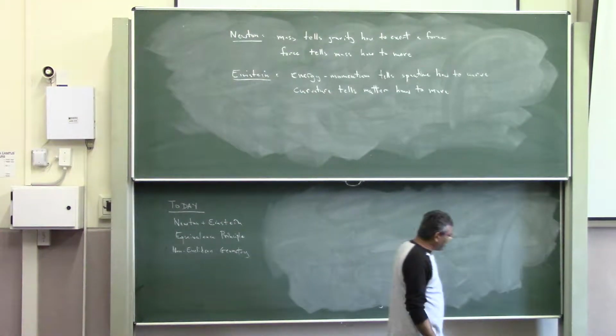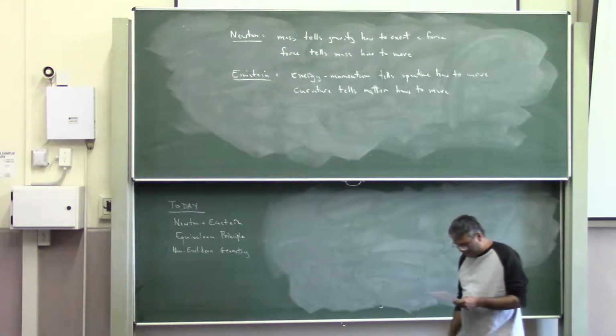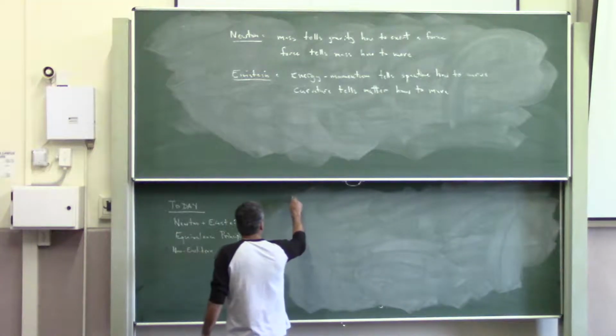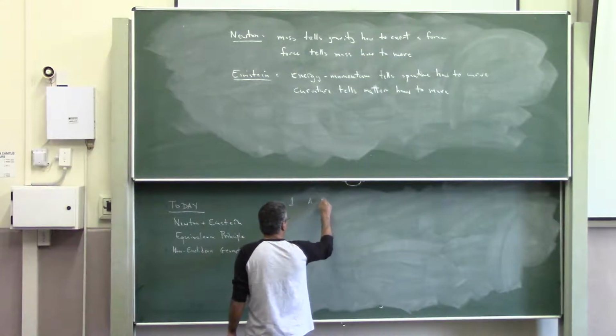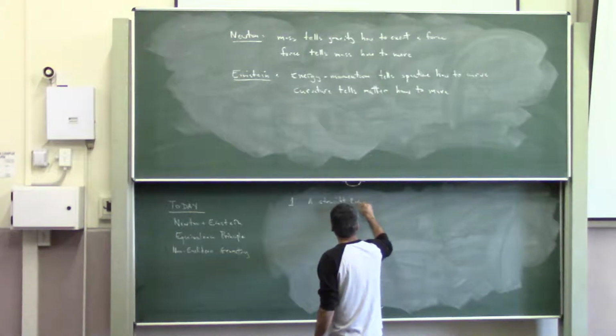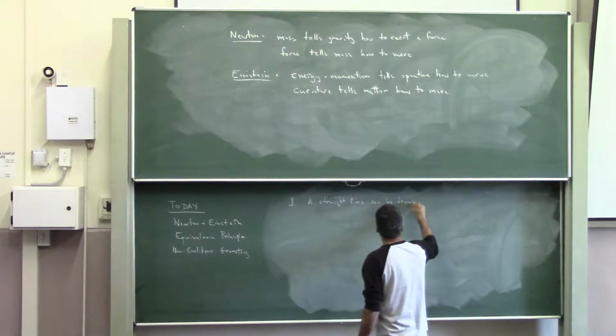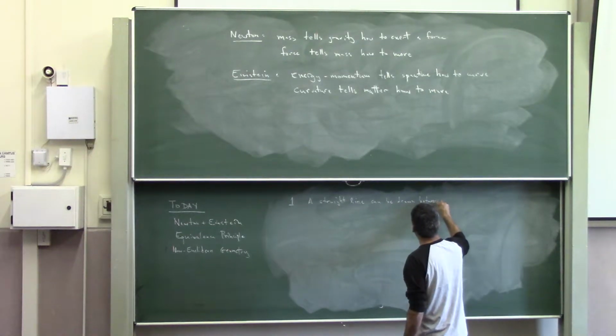So in addition to these axioms, Euclid had a bunch of postulates. There are 5. The first postulate is that a straight line can be drawn between any 2 points.